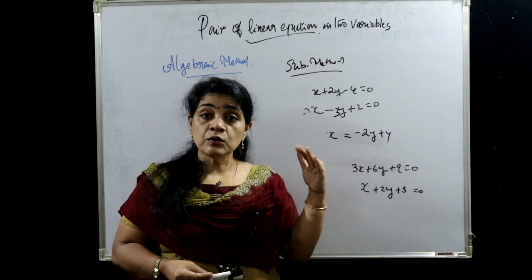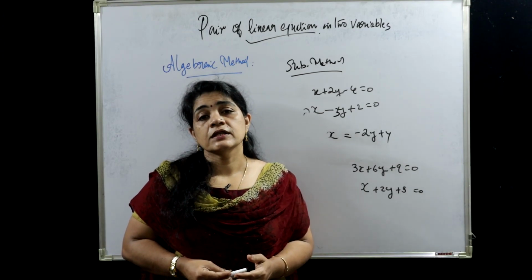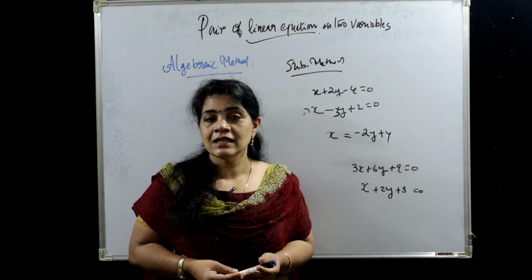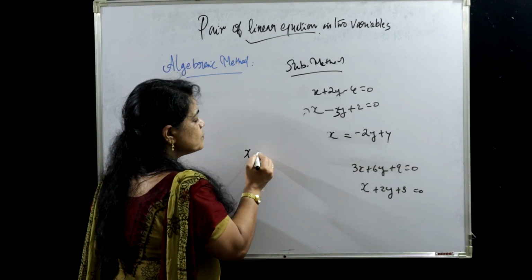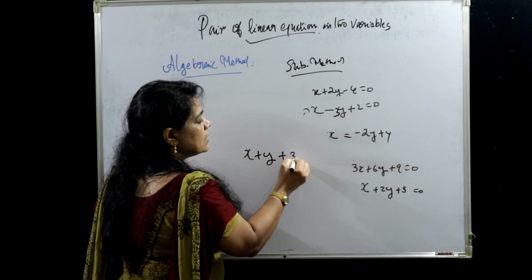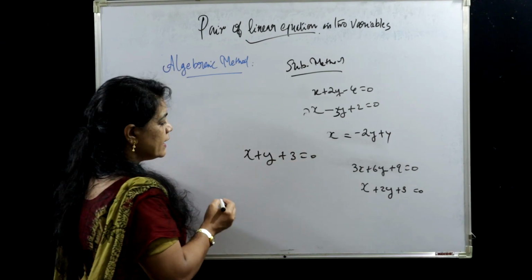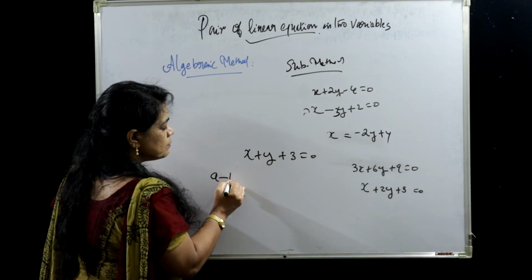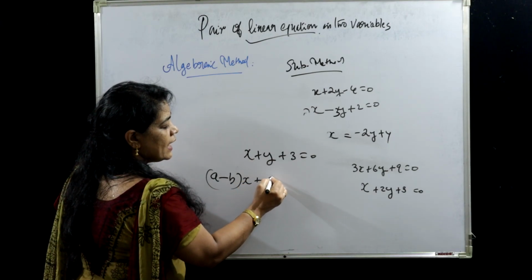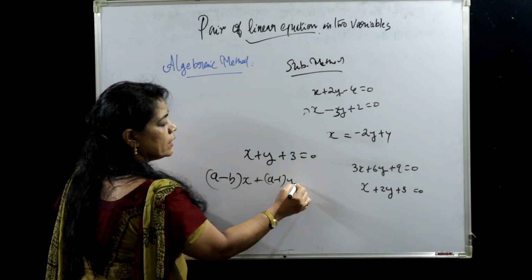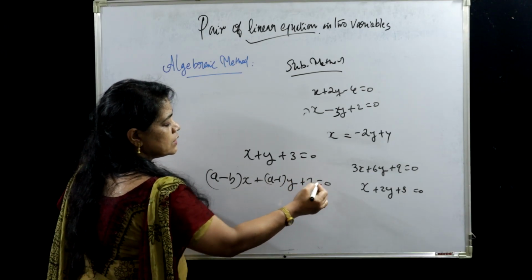And from this, children, we are expecting a very important question. Suppose you are given the equations x plus y plus 3 equal to 0 and (a minus b) into x plus (a minus 1) into y plus 7 equal to 0.